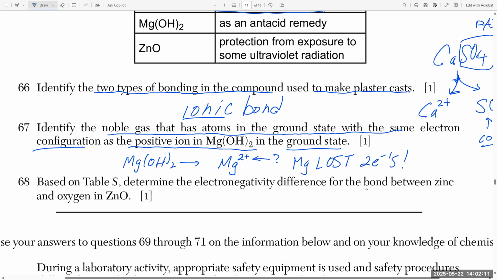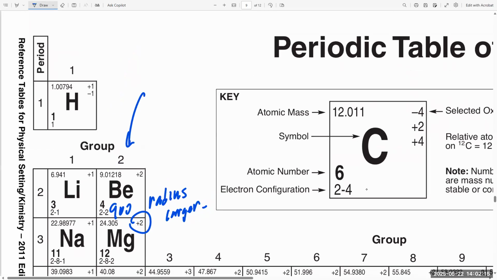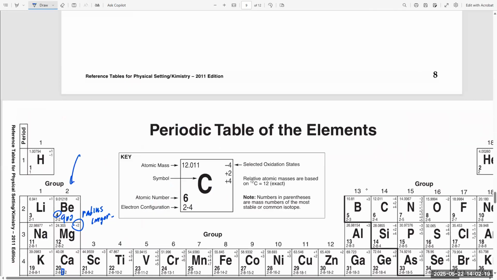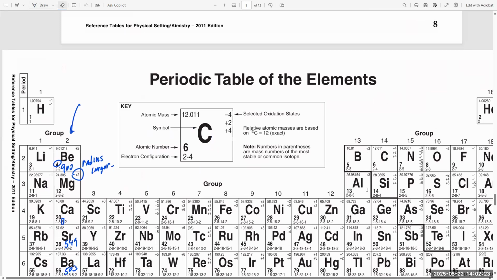So what does that mean? Let's go back. If magnesium has 12 electrons, and if it loses 2 to become Mg2 plus, that means now it's gone from having 12 electrons to 10 electrons.